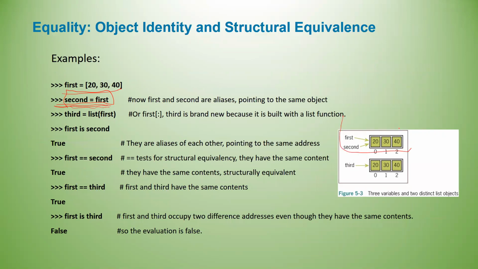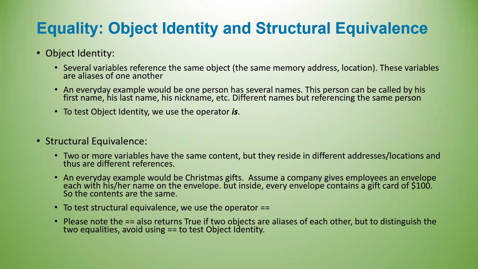You can also make a list this way: instead of copying one by one, you make a list of first and assign it to third, just like what I did with extend. We are using the list function to build the third list. So first is second, true. First equals second, remember, this is where the confusing part is. This is where I'm saying, please note, this also returns true if two objects are aliases of each other.